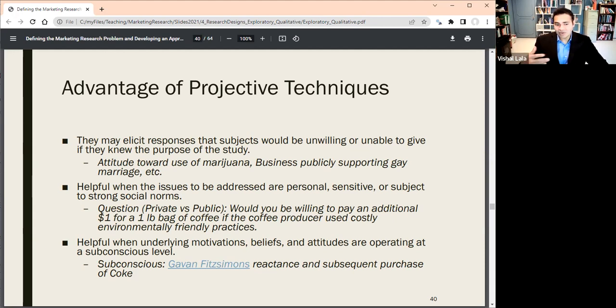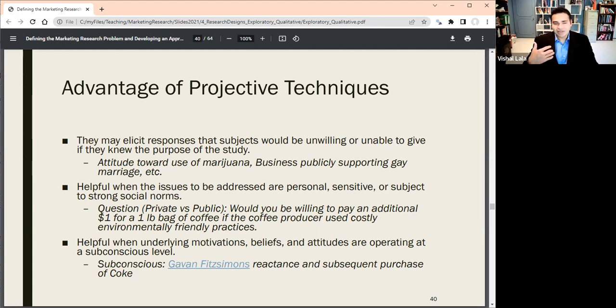On analyzing his own behavior, he realized that he had responded because somehow he subconsciously felt like his freedom to choose was being taken away. And of course, there was never going to be a shortage of Coca-Cola in the world. But nevertheless, in the moment, his mind told him to stock up on more Coca-Cola than he normally needed, just because he felt like a sense of freedom was being taken away from him.